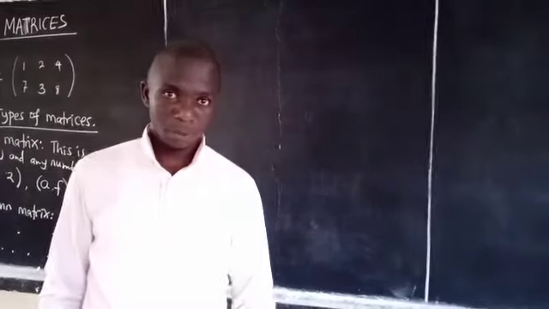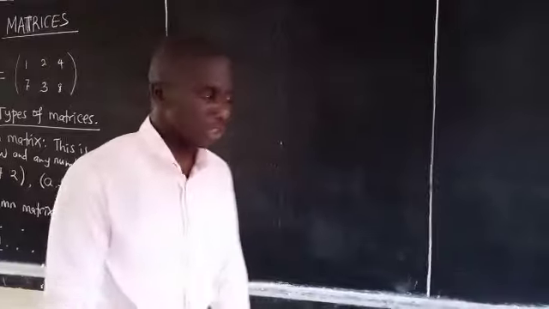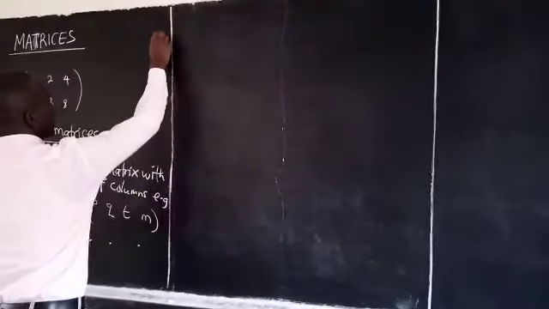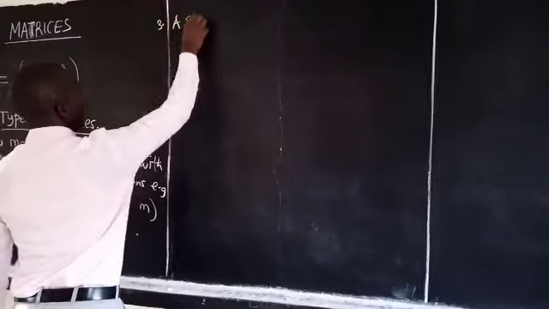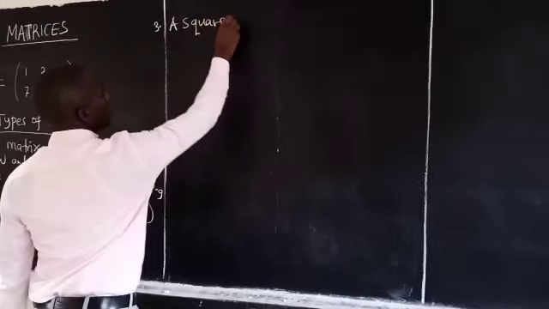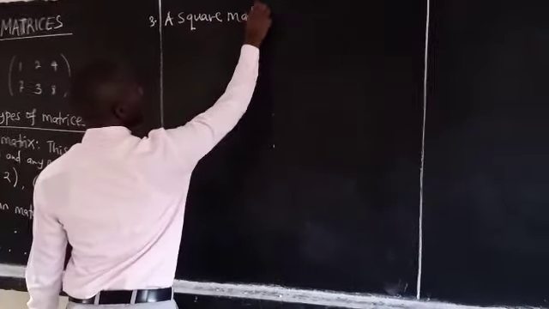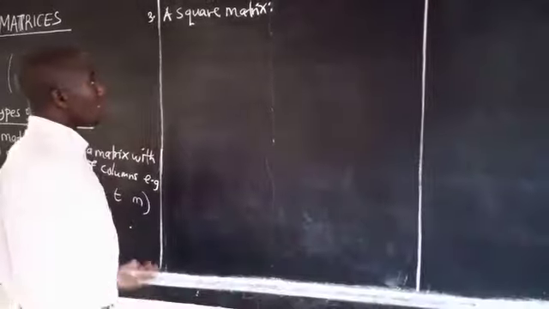We call the shape a square. So therefore, you can say we also have a square matrix. So what is this?